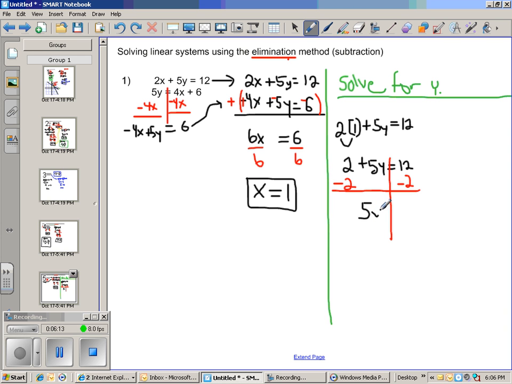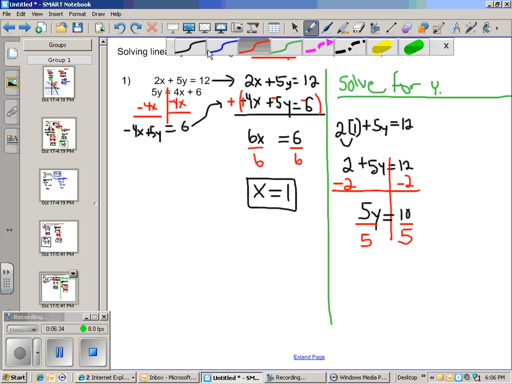We get 5y left over. And 12 minus 2 is 10. Now we're looking at a 1-step algebra problem. This is 5 times y, so we're going to divide both sides by 5. And the 5's will reduce down to 1, or we like to say just y. 10 divided by 5 is 2.